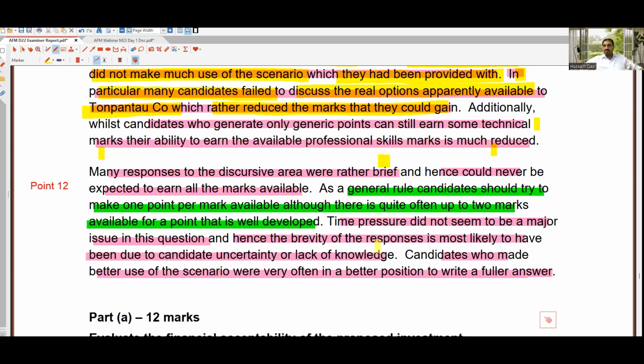Hence, brevity means clarity and conciseness of answer. Brevity of the response is most likely to be due to candidates' uncertainty and lack of knowledge. Candidates who made better use of the scenario were often in a better position to write a full answer. That is the point.